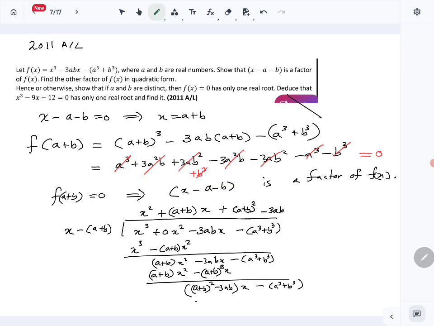Right, so we will get (a + b)² − 3ab, and obviously this is a factor now, so this will cancel out. I'm not going to do the calculation separately, it's going to cancel out. So this is the quadratic we are looking for.